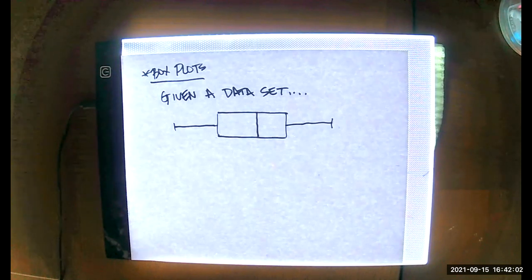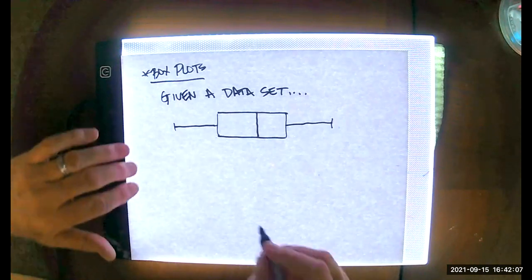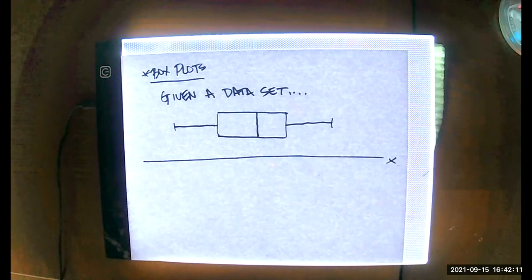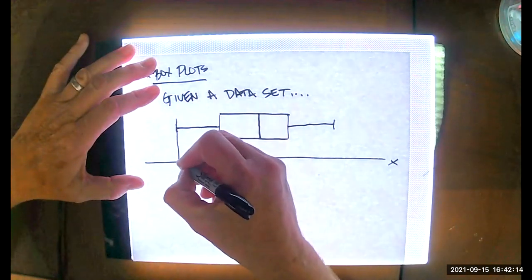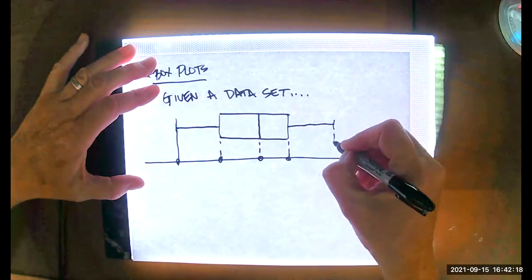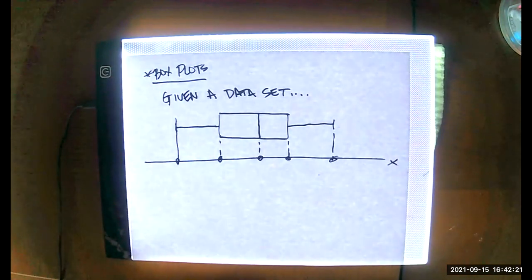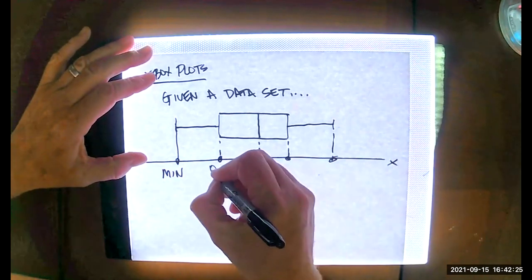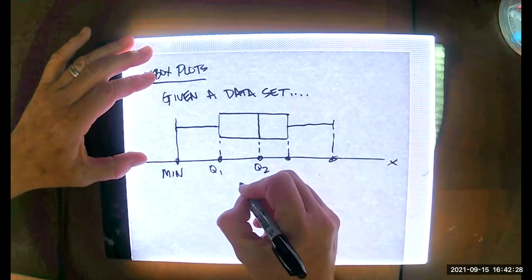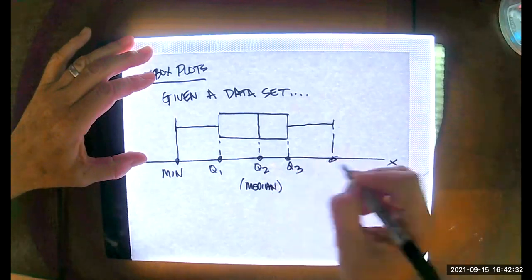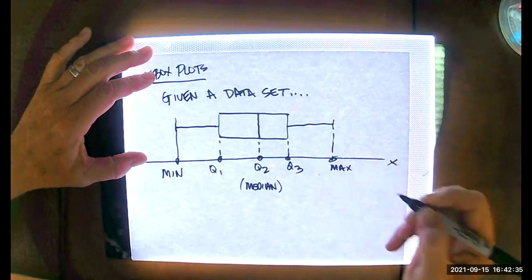Sometimes they're called box and whiskers plot. Much more cute, honestly, but whatever. And there's really a numeric scale involved for our x's. So if this was on a number line, I would be seeing on my box plot the minimum value, Q1, Q2, which is our median, Q3, and then the maximum.